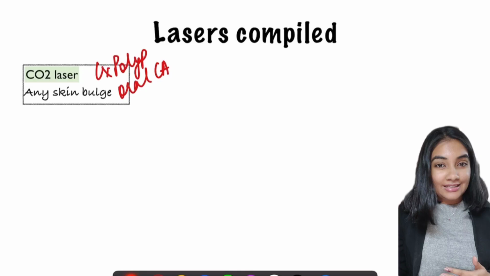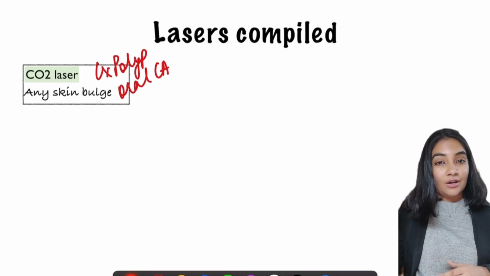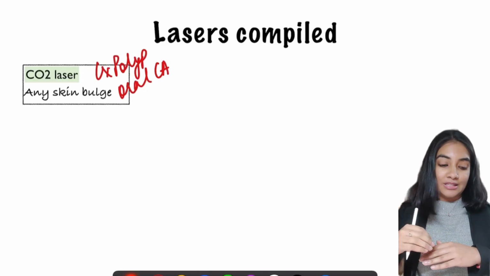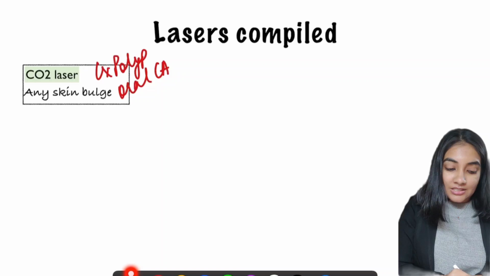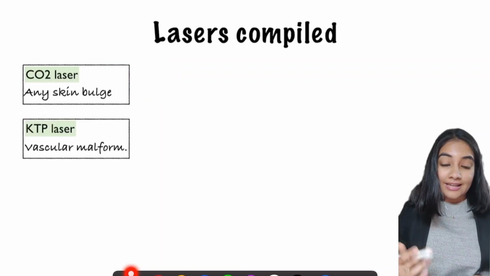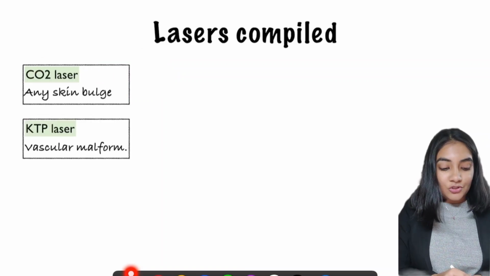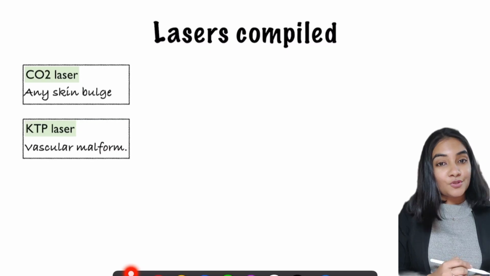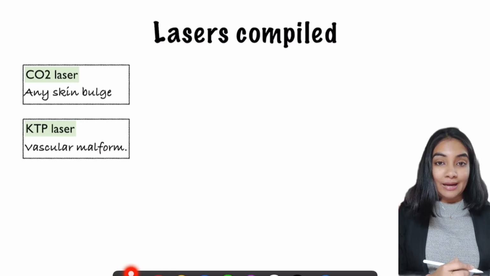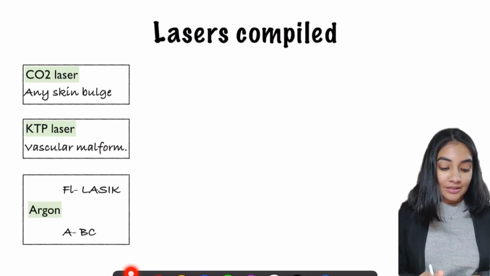So everything in ENT which is bulging out, or anything in skin which bulges out, it uses CO2 laser. KTP laser, as we studied, was for vascular malformations, which also include your polyp and epistaxis.